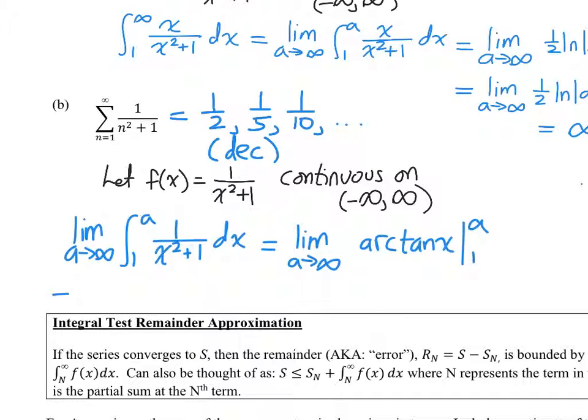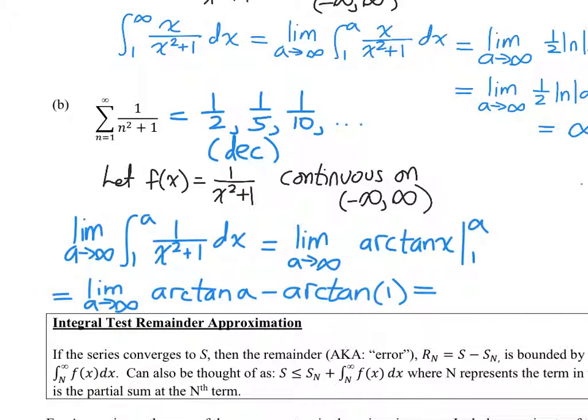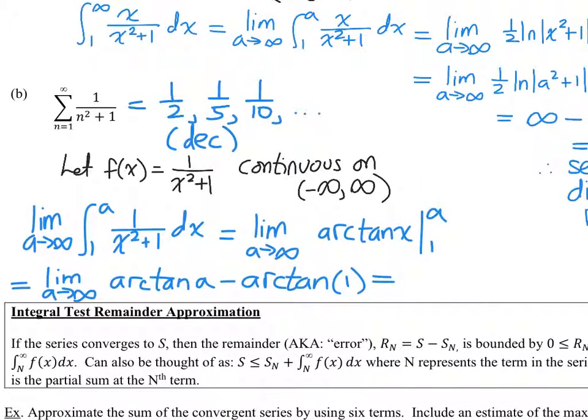So this is going to be the limit as a approaches infinity of the arctan of a minus the arctan of 1. And we did something very similar to this before. Arctan of a if a were to go out to infinity.